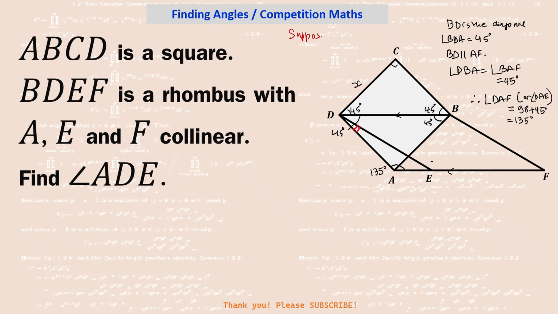So suppose the side length of the square equals x. So CD is equal to BC, that's x, AD is x, and so is AB. We're more interested in AD being x, and we have this 135 degrees angle.